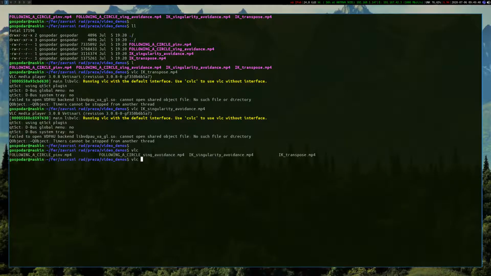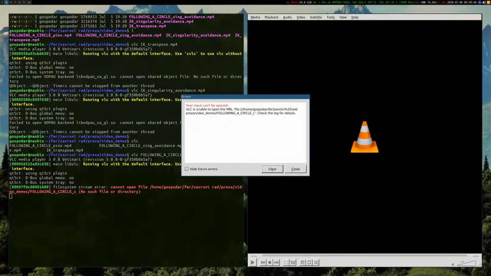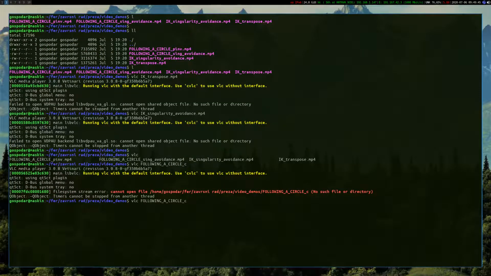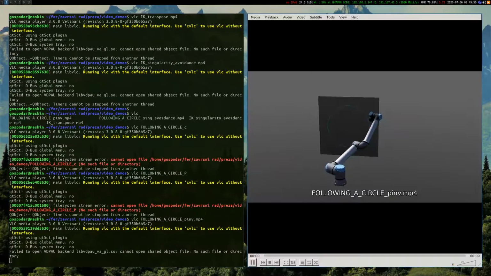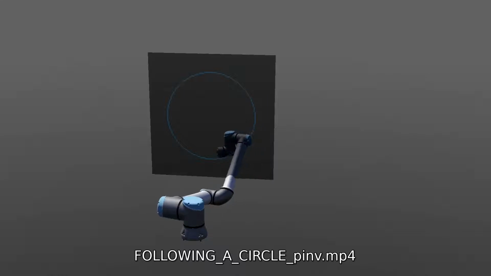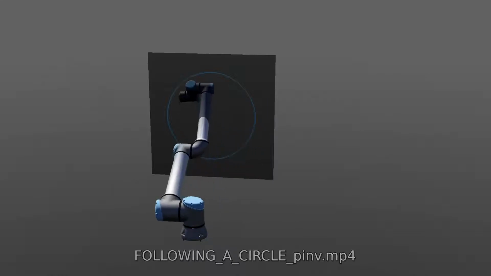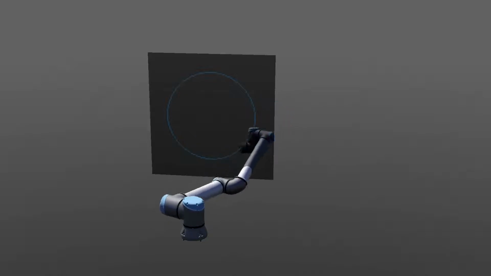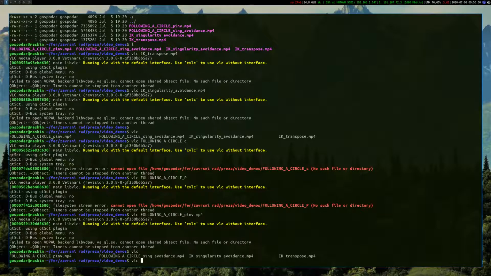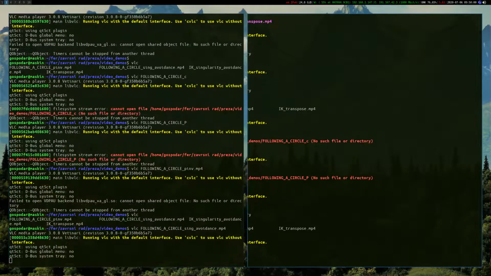Okay, so now we do the same, but for following some curve. Okay, there we go. So this is how a pseudo-inverse would follow this curve. Okay, and now what we have as a result is this.